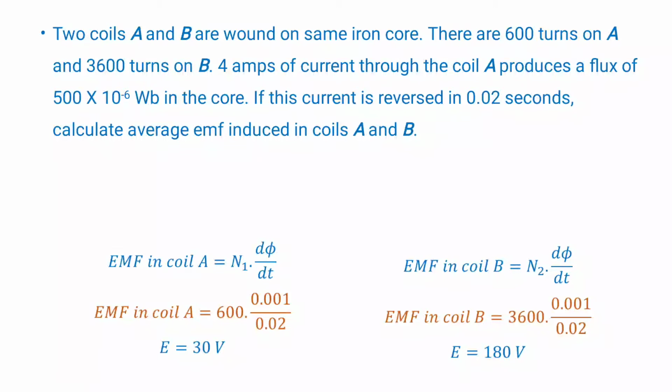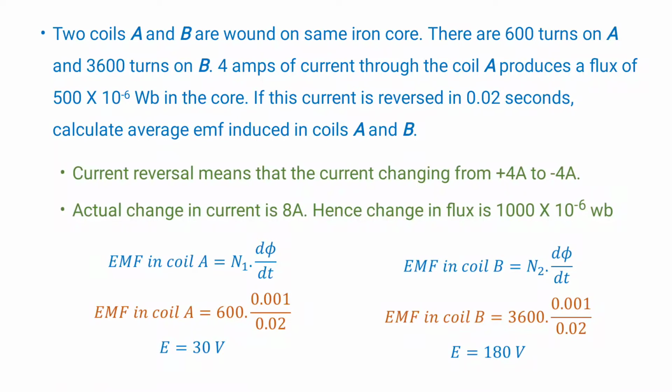A very good question. Let us discuss. In the question, there is the phrase: the current is reversed in 0.02 seconds. Reversal means the current changes from 4 amps to minus 4 amps, so the actual change in current is 8 amps.